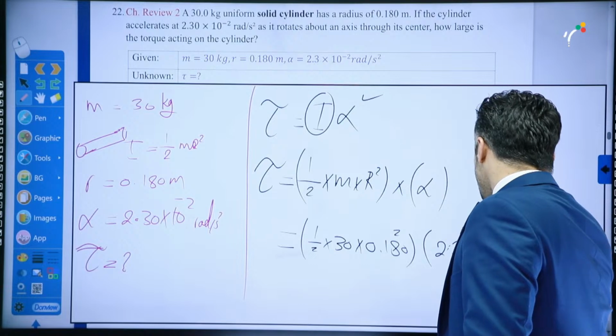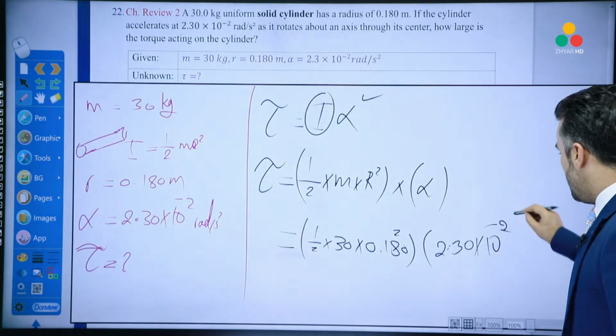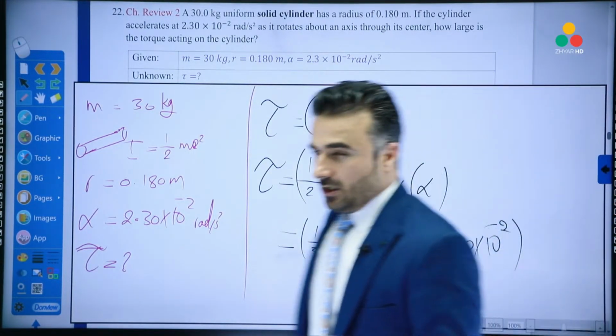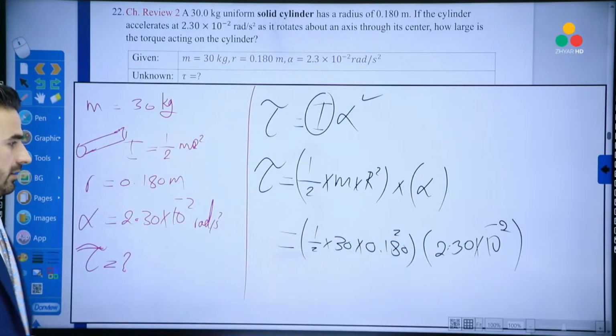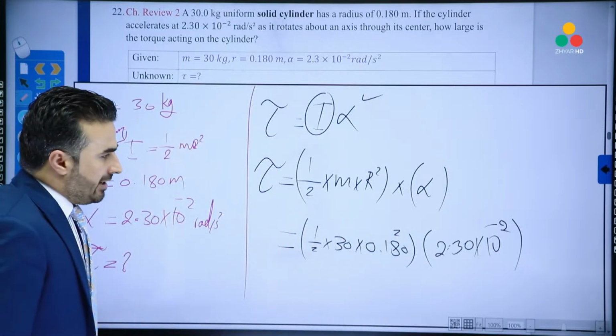2.30 multiplied by 10 to the power negative 2. Now use your calculator to find the answer.